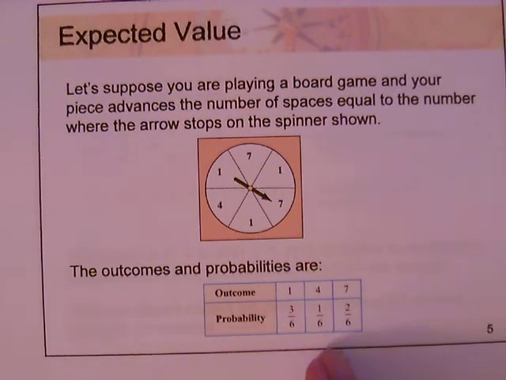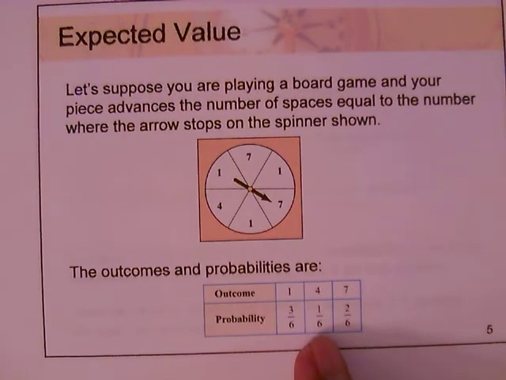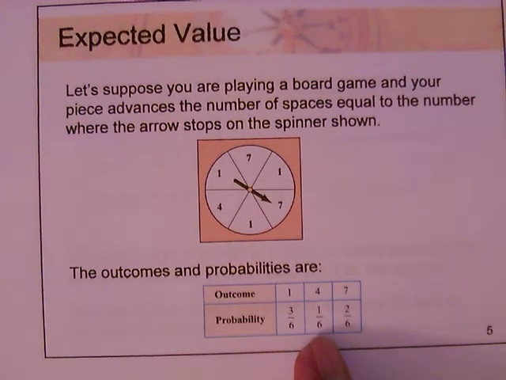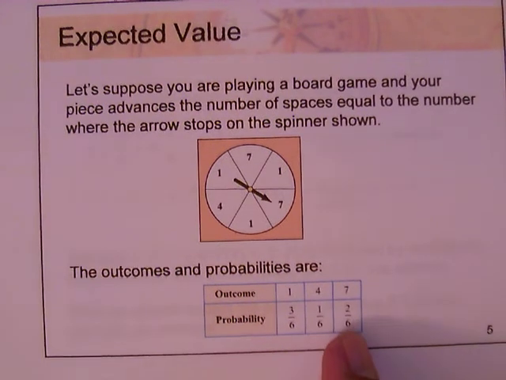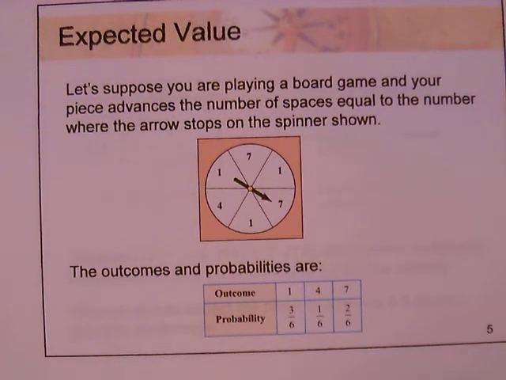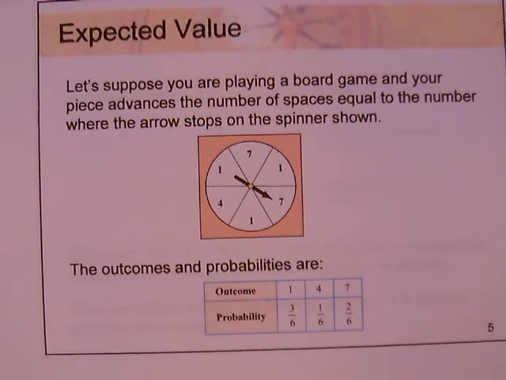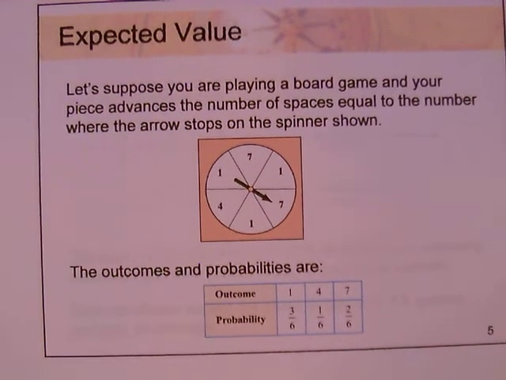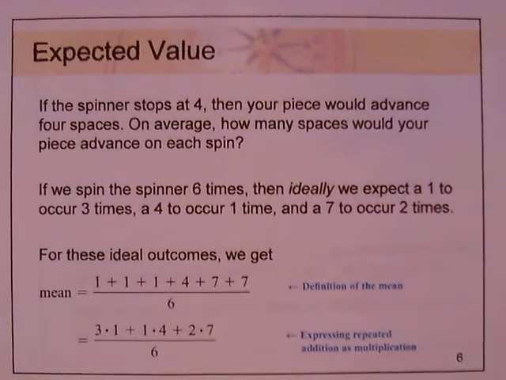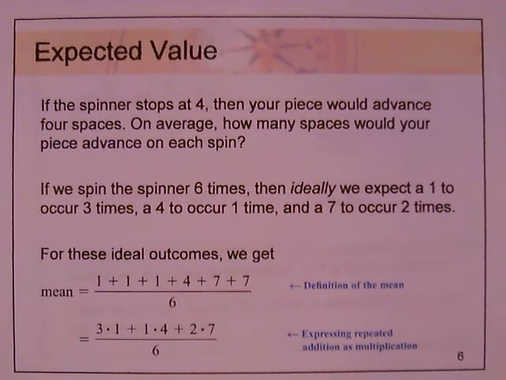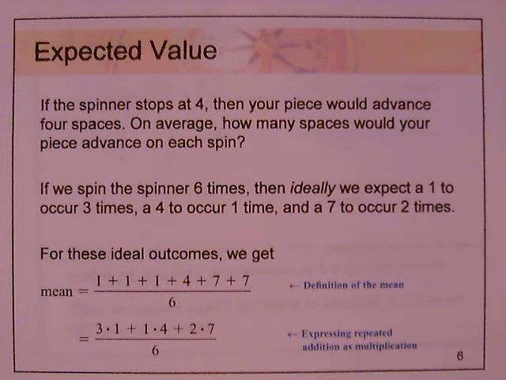For 4, the probability would be 1/6, because there's only one 4 on that spinner out of 6. And for 7, it would be 2/6, because there are two 7s on that spinner out of 6 numbers. Now, if the spinner stops at 4, then your piece would advance 4 spaces.